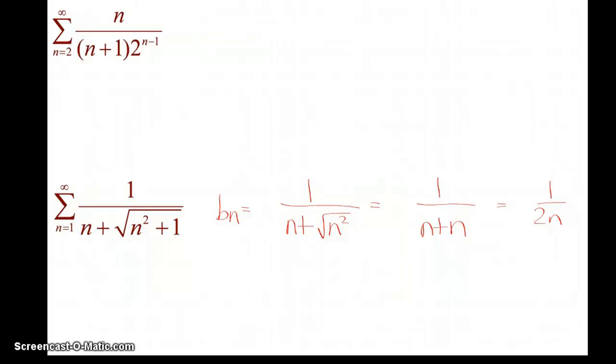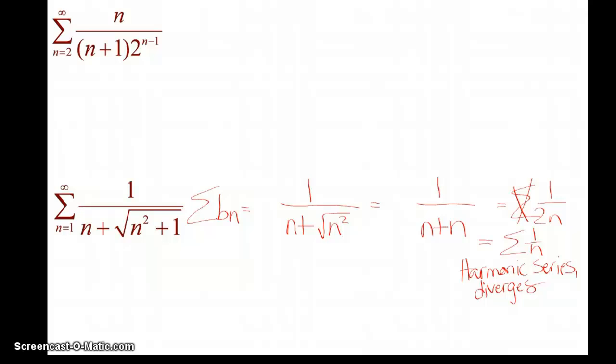N plus n would be 2n. So I would be tempted to use the harmonic series. Again, I guess we could just go ahead and say the harmonic series as b sub n. I would want to say that that would be a good choice for b sub n.